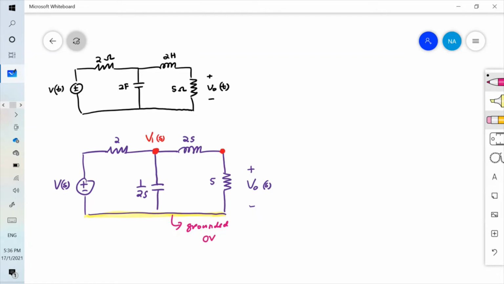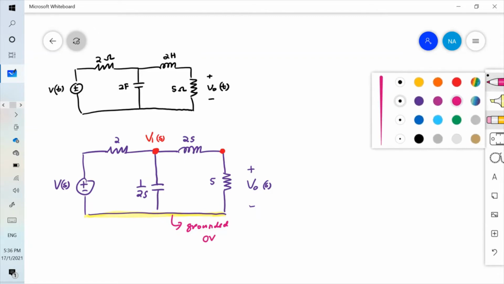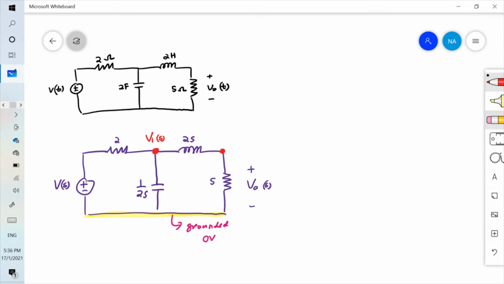At node number 2, this is the voltage across the output resistor, meaning that this second node is actually V0S. So the line below here is grounded at 0 volt, and node number 2 will become V0S.